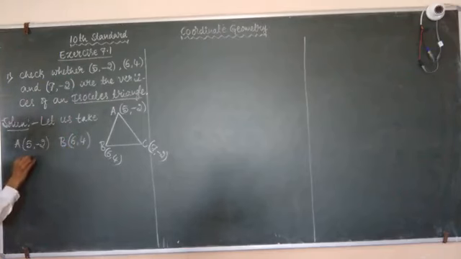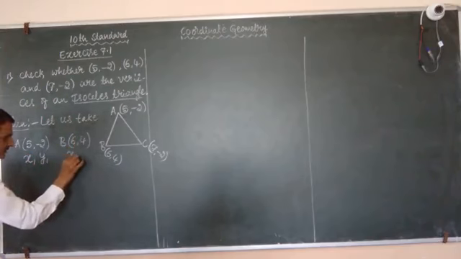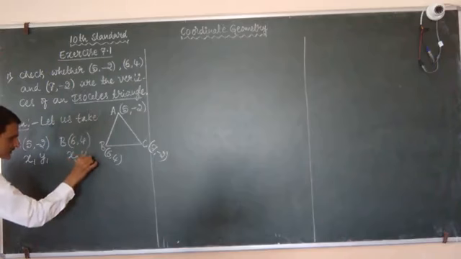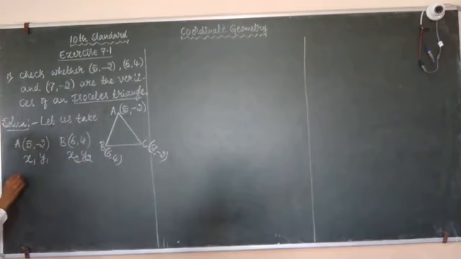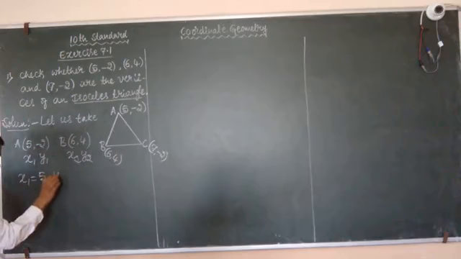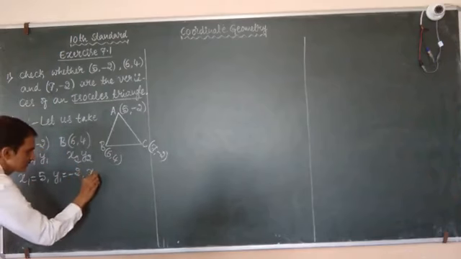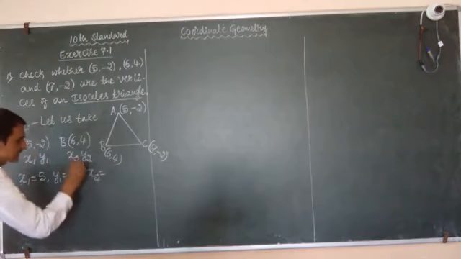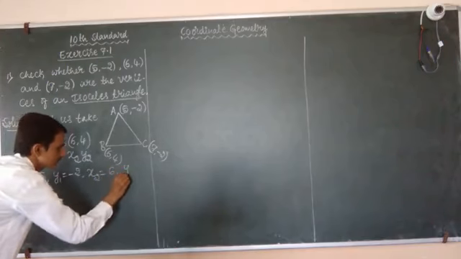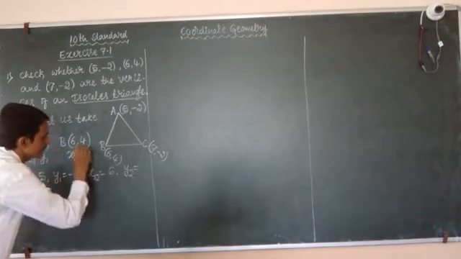This is x1, y1, and this is x2, y2. Similarly, write down the values: x1 equals 5, y1 equals -2, x2 equals 6, y2 equals 4.